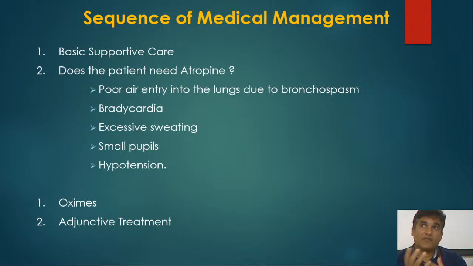If there is a problem in the breathing, maybe bronchospasm, if there is a tremendous fall in BP, bradycardia, excessive sweating, pupil size is very small, and hypotension persists, and you know that the patient has been exposed to an anticholinesterase, at that time you can use atropine.